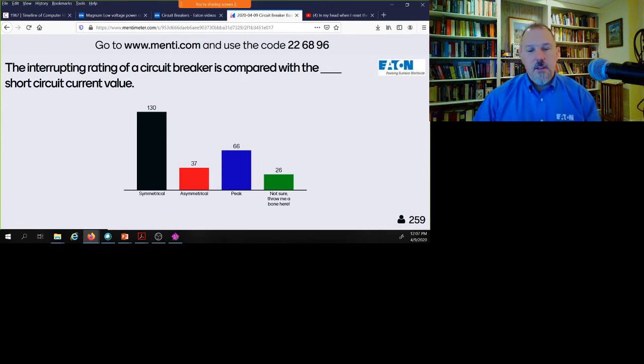We will do the evaluations of interrupting ratings based upon symmetrical amps, but I'm going to teach you during this program that we need to learn about the X to R ratio and the asymmetrical, because when we test a circuit breaker, we will test it with what we think is probably the worst case circuit configuration, which has to do with how much inductance versus reactance that we have in the system.